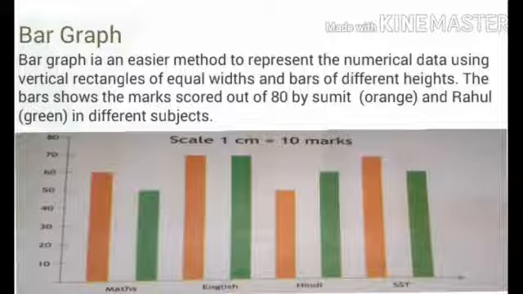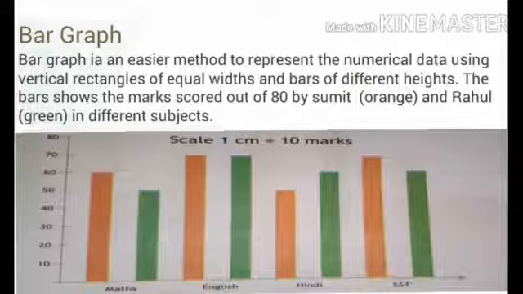Now we will learn bar graph. We will understand and see what is bar graph. Bar graph is an easier method to represent the numerical data using vertical rectangles of equal widths and bars of different heights.